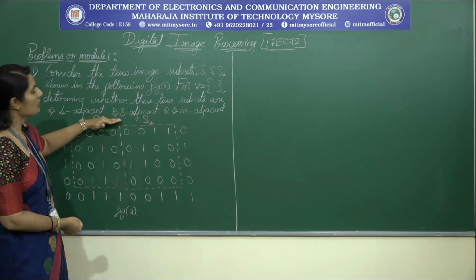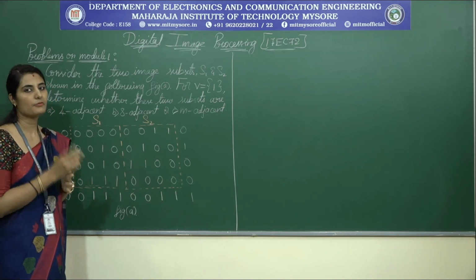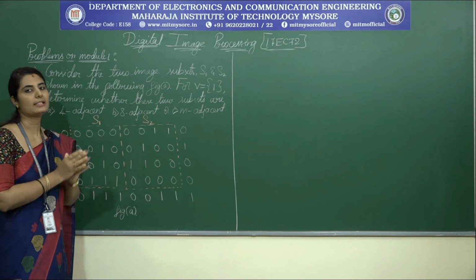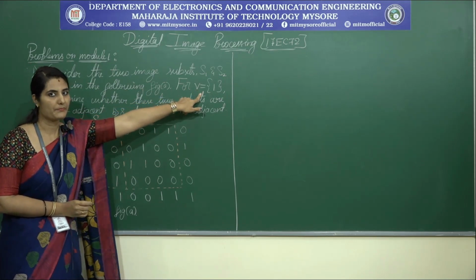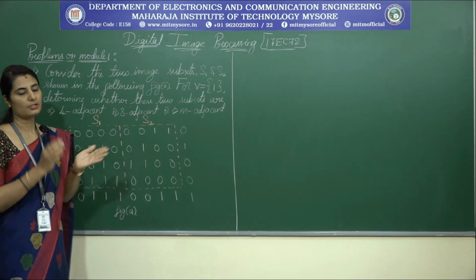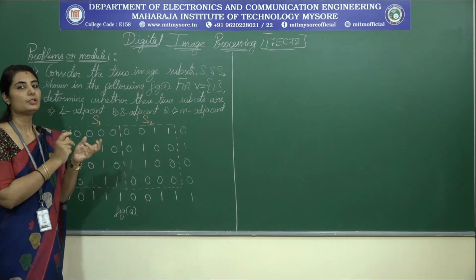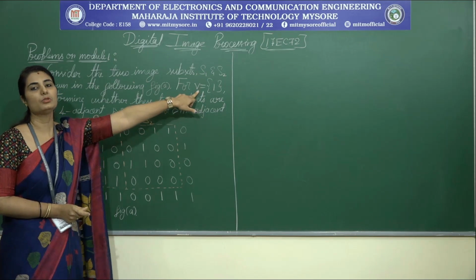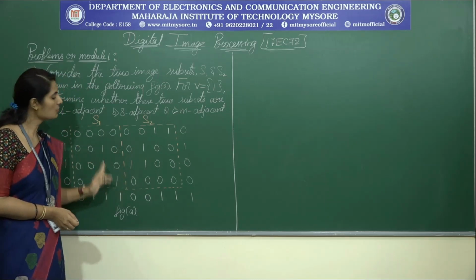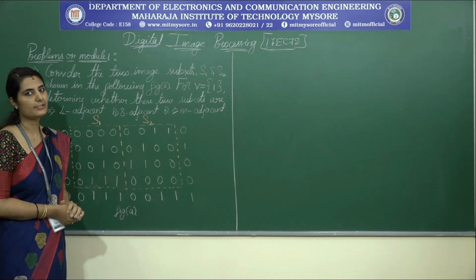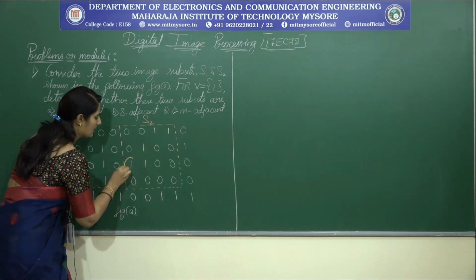In order to say that it is 4 adjacent, 8 adjacent or M adjacent, the first condition is that the two pixels should have the value given in the set V. If you observe these two subsets, we have two elements which match the set V, this pixel and this pixel.